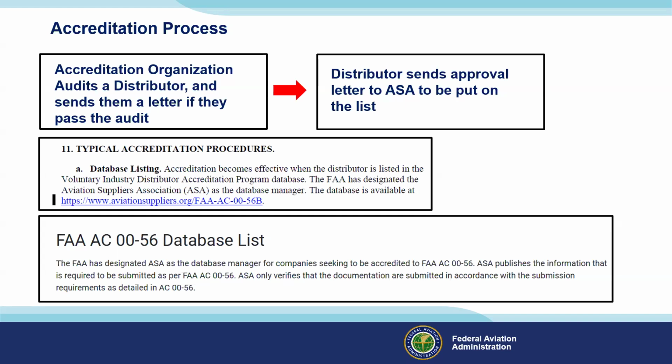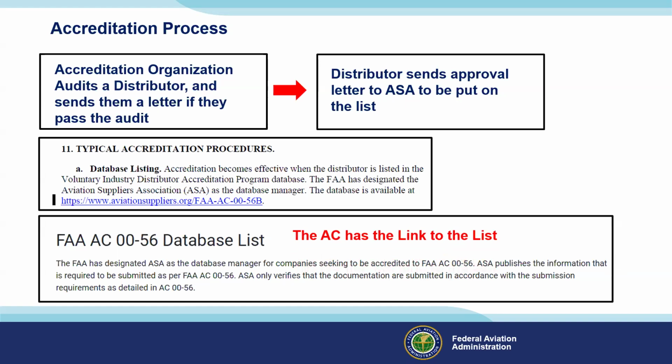And this is a voluntary thing. If they're not on the list, it's not the only way it could be a good distributor, but this does help folks determine if it's a legitimate and trustworthy distributor.